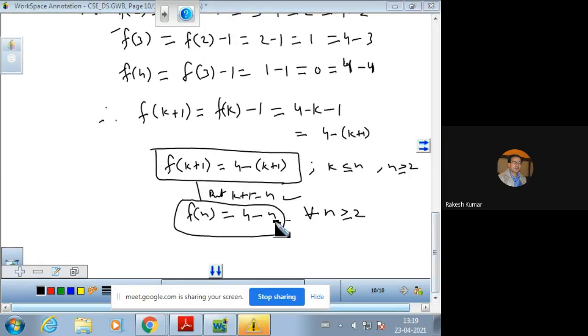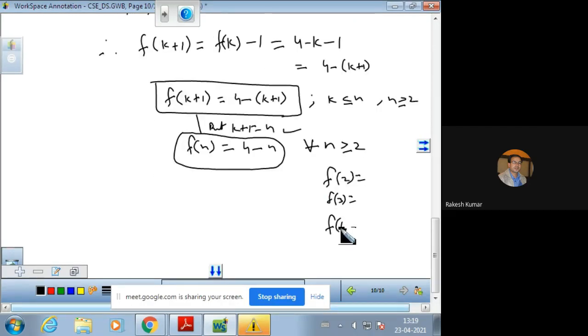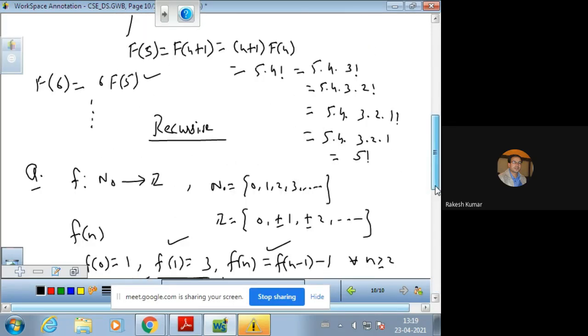And here we have put the condition that the value of n should be 2 or more than 2. With the condition, we will have the values of f of 2, f of 3, f of 4, f of 5, and so on. You will be able to calculate these values by using this recursive definition, whether you keep the relationship in k or in n. Keeping it in n is better because the statement was in terms of n.